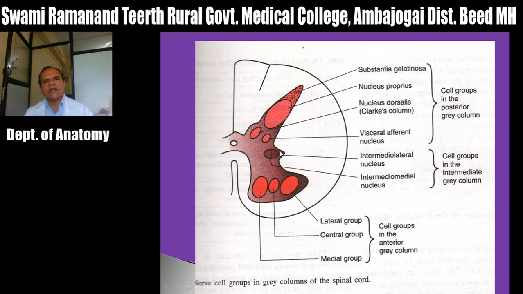It extends from T1 to L2, and it gives the preganglionic neurons of the sympathetic fibers from T1 to L2. But the lateral horn is also present at the S2, S3, S4 level.